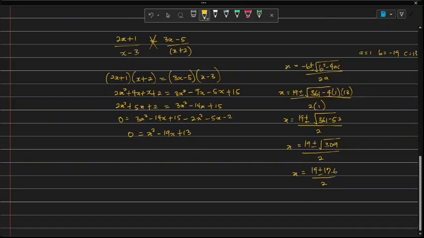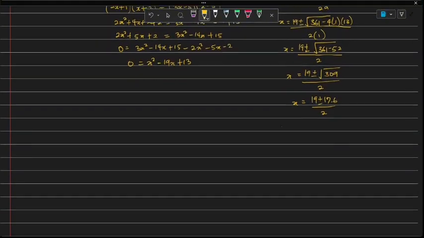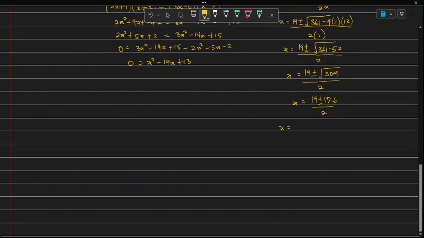Which takes us to x is equal to 19 plus 17.6 over 2, or 19 minus 17.6 over 2, which becomes, where's the calculator?